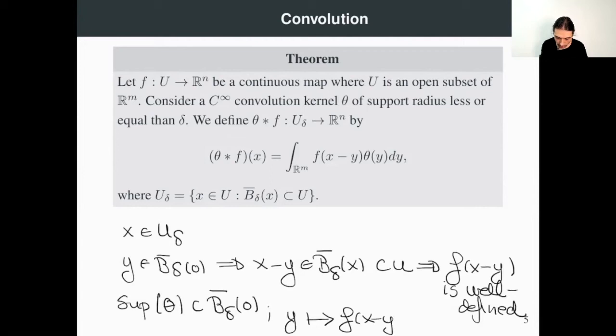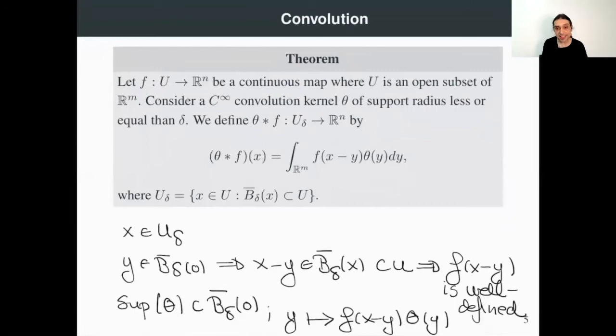And so that means that if we consider the map that goes from y to f of x minus y times theta of y, this map is actually a map that is well defined everywhere, because when theta is equal to 0, we just define this map as 0, and when theta is different than 0, this is well defined, that if theta of y is different than 0, x minus y belongs to U, right?